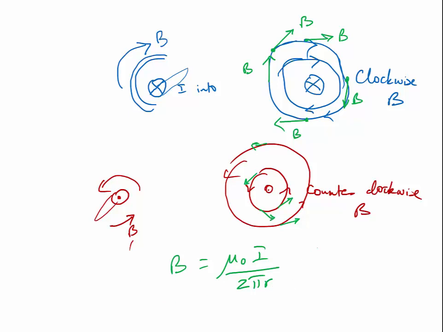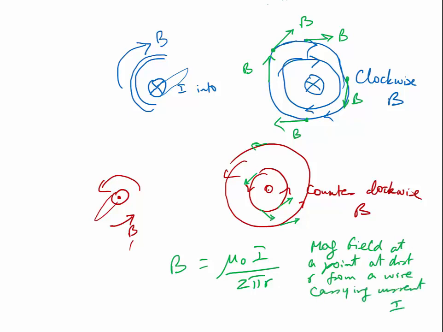This B here is the magnetic field at a point at distance r from a wire carrying current I. So if the current in this wire here is I, and I want the magnetic field here, this is r. And if I want the magnetic field here, this would be r. So let's call this r1, r2. The magnetic field here would be B2 and B1 here.